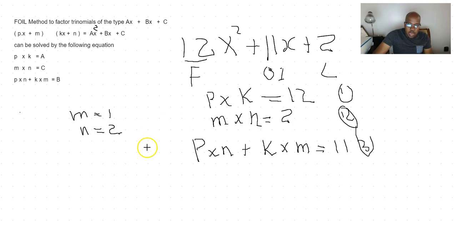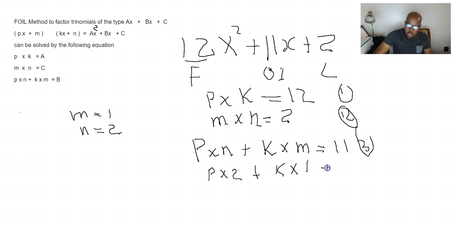Since I already have my m and my n, I need to find p and k. I'm just going to replace them here. My n is 2, so I'm going to have p times 2, plus k times 1.